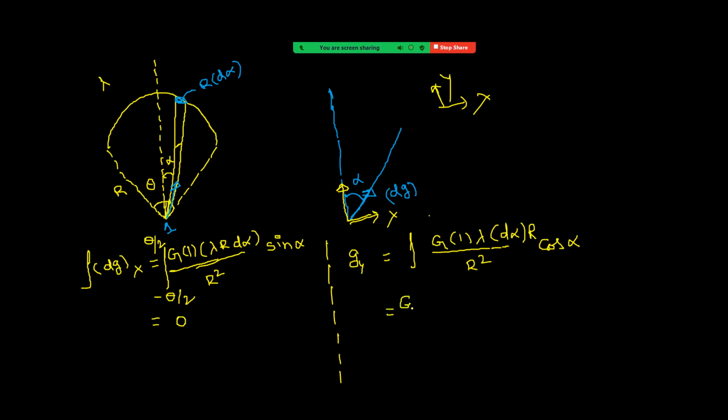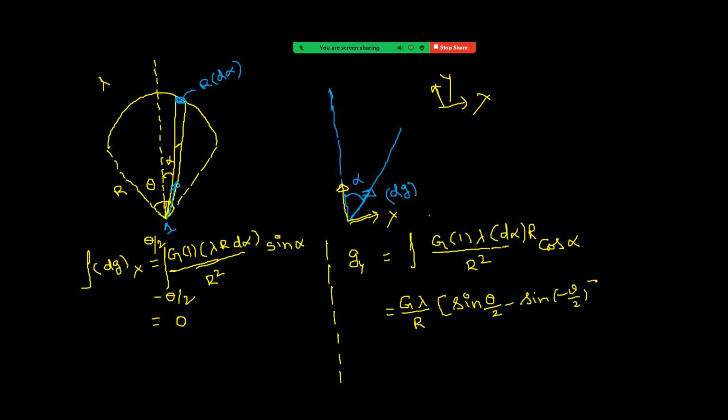So take g lambda by r outside. Integration of cos alpha d alpha is sin alpha. Take limits: sin theta by 2 minus sin of minus theta by 2.